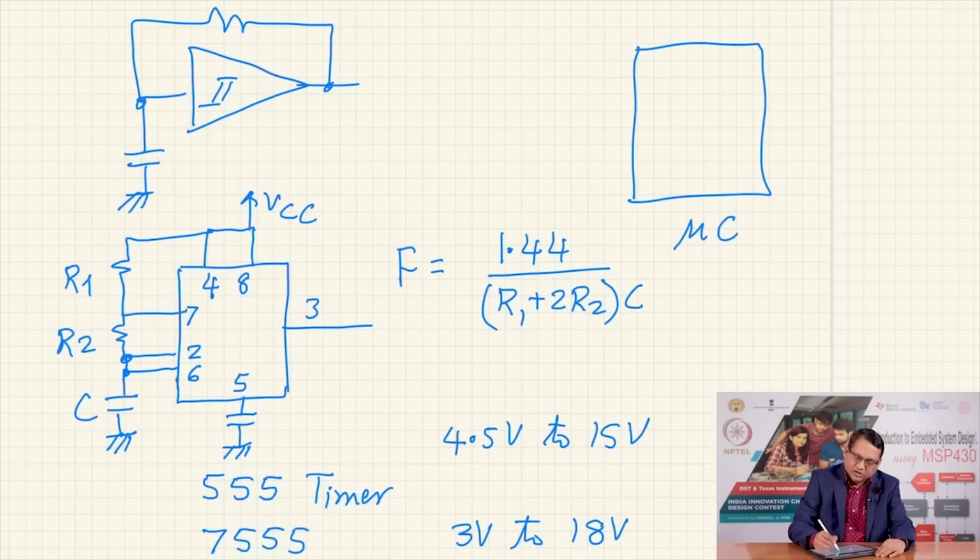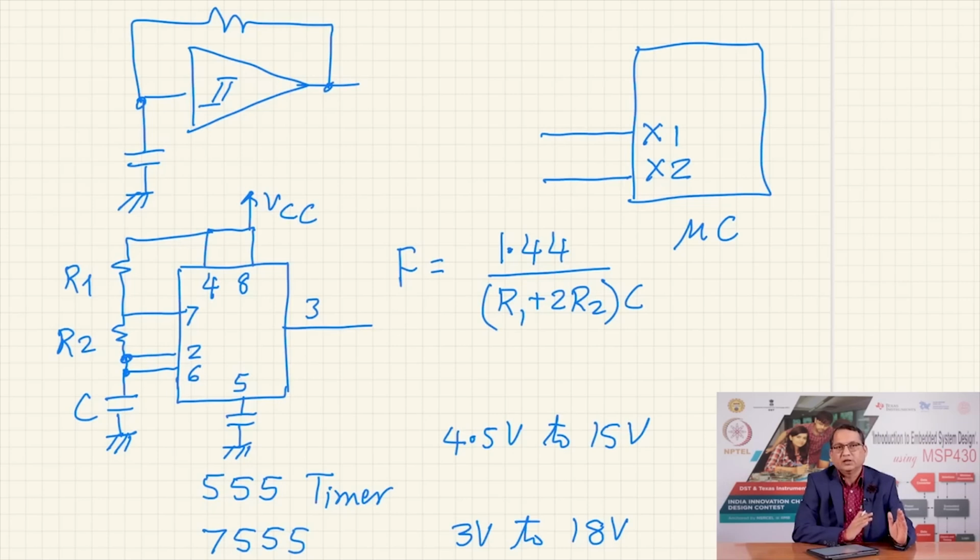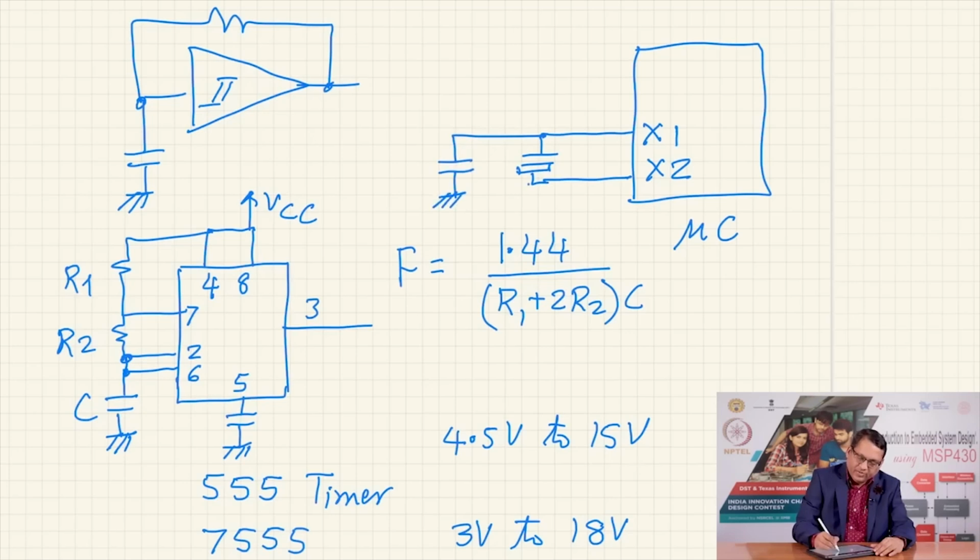Here is a microcontroller, and you may have pins called X1 and X2 on which, if you do not want an external clock generator, then you connect an appropriate crystal, a quartz crystal between these two pins. It may also require you to use some small value capacitors.